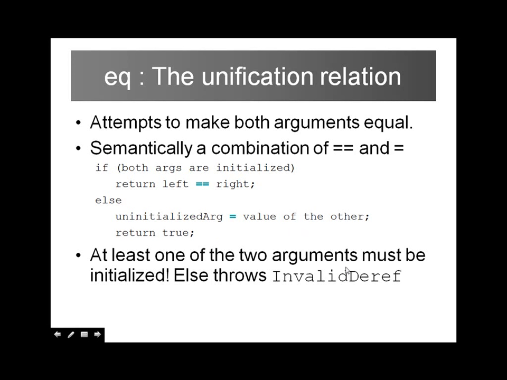The last case is when neither of the logic references are initialized. In that case, unification always fails by throwing an exception. So this is basically an error condition, and the name of the exception is invalid deref. It's basically trying to dereference one of the arguments, and that attempt fails.